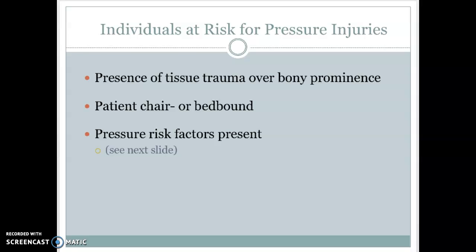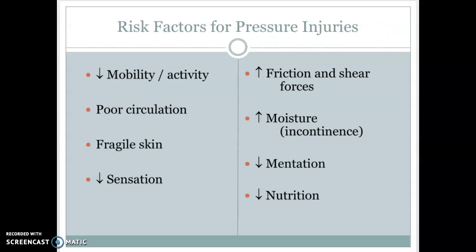And so the skin was damaged by the greater trochanter, for example, or the sacrum. And so now, because that skin has been compromised, then sustained pressure in that area will be more problematic. Obviously, if a patient is chair or bed bound, and so they're not up and moving, then that's going to put them at risk. And then the next slide talks about risk factors for pressure.